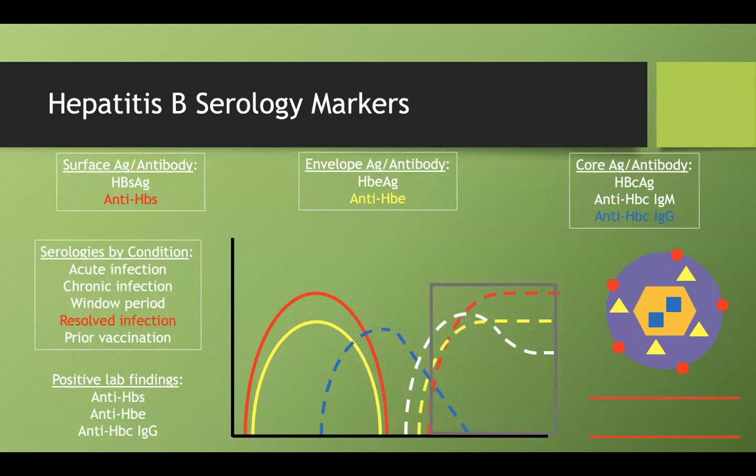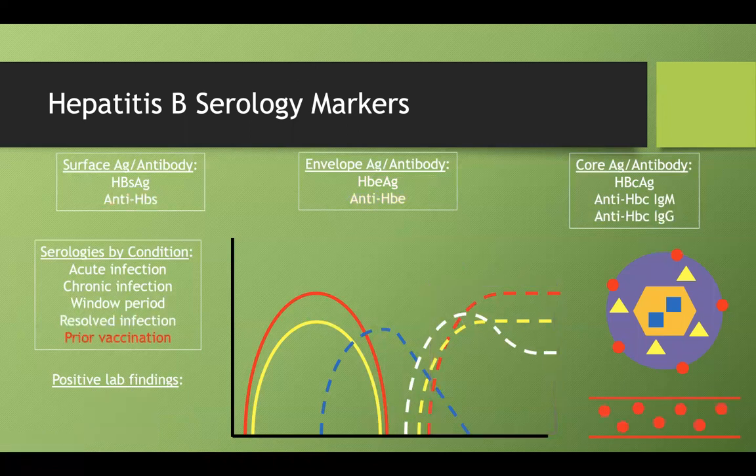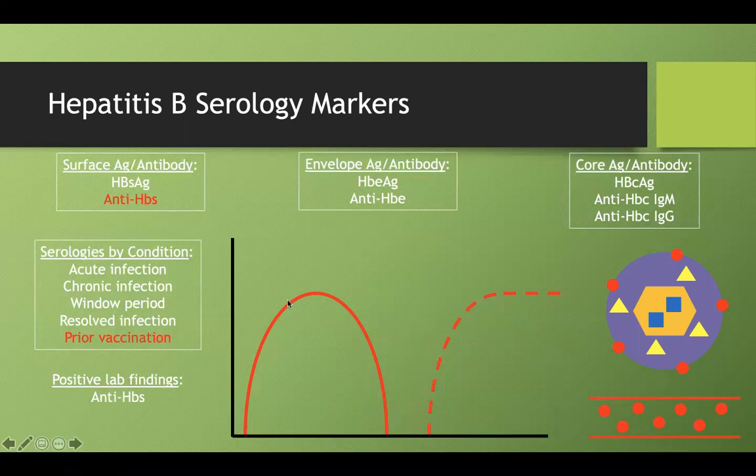So how would this differ compared to somebody who had a prior vaccination? How do we tell the difference between this and somebody with a prior vaccination? Well, remember with the prior vaccination, all that did was release a bunch of surface antigen into our bloodstream, and then our body will mount an immune response to that. So over time, our body will form an antibody to that surface antigen. That makes a lot of sense. But it'll just be this. The vaccine produced a lot of this surface antigen, it's cleared off, and you get this antibody response.